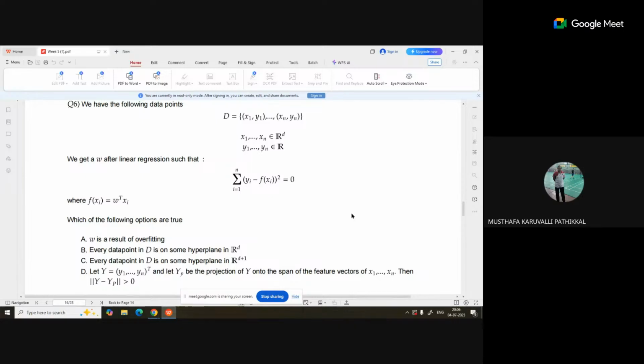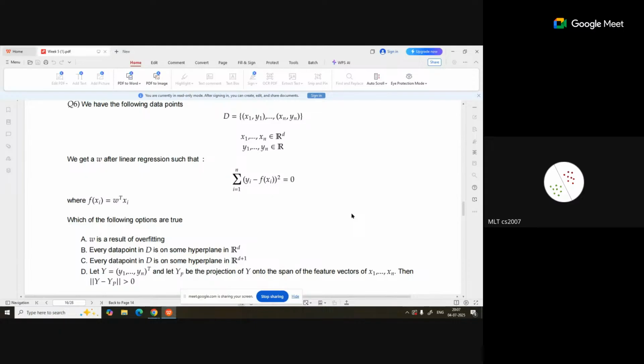C is definitely true. A, I'm not sure. Okay, the question: the whole data set is given, let W be the W after linear regression such that the sum of y minus f of xi squared equals 0, where f of xi is W transpose xi. A: The W is the result of overfitting.